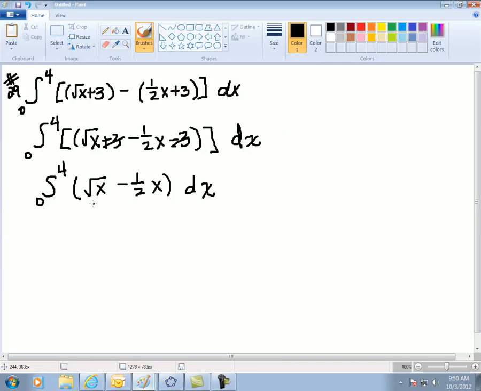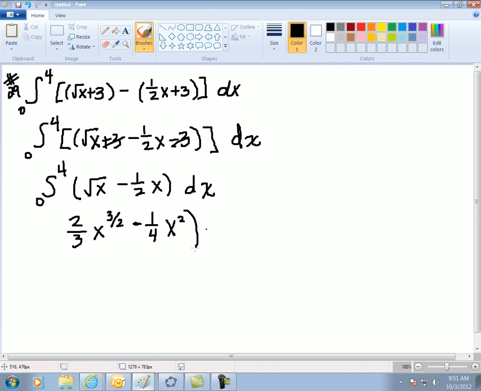Recall that the square root of x is the same thing as x to the 1/2. When I get ready to integrate that, it becomes 2/3 x to the 3/2. And if we integrate this, the negative 1/2 can go out front, and I get x squared over 2, so this becomes negative 1/4 x squared.